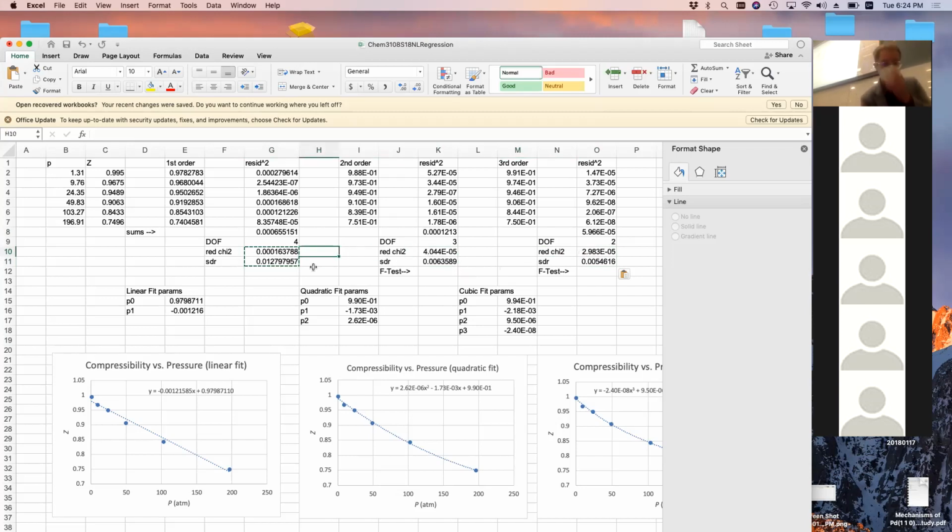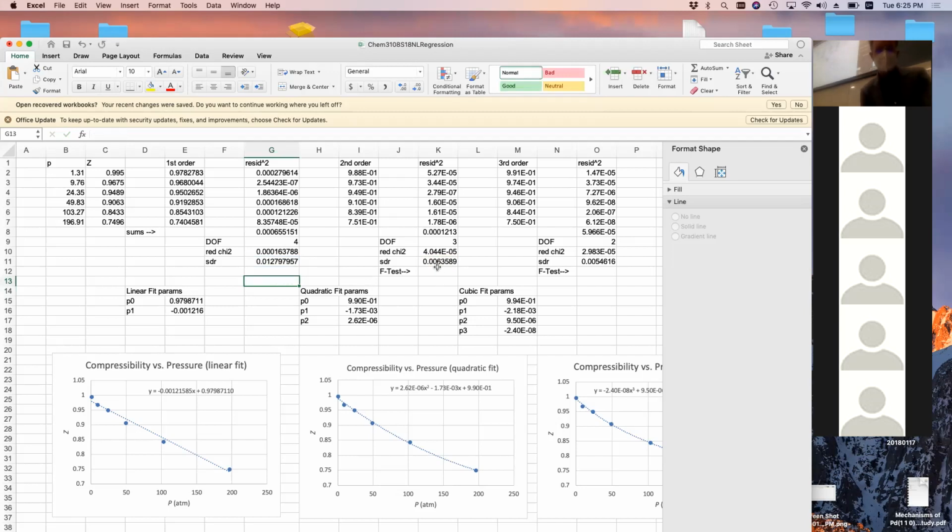Okay, and so you should notice that when you increase the number of fit terms, from a first order to a second order, the standard deviation of the regression decreases quite a bit. So we could just calculate really quickly the ratio of the standard deviation for the linear fit versus the quadratic fit, and it's about a factor of 2.